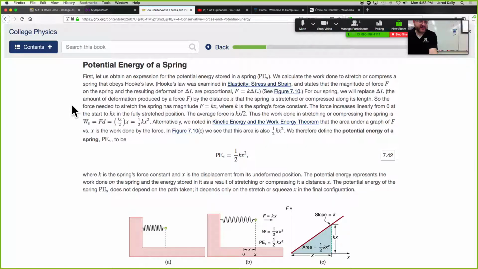We've already talked about the force that is involved in stretching a spring. It's actually equal to the distance that it is stretched times the spring constant, k times x.